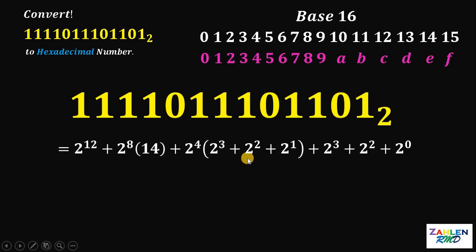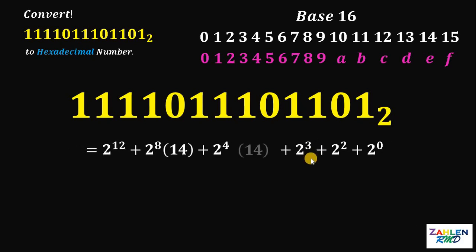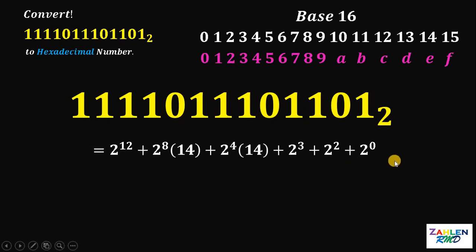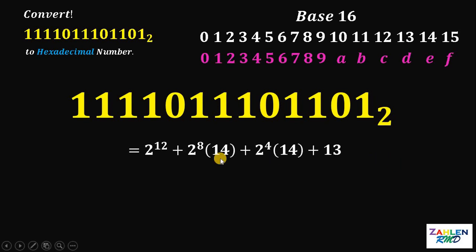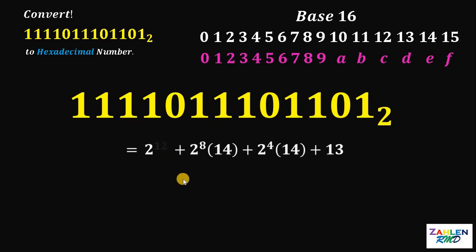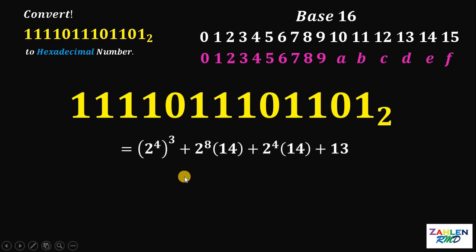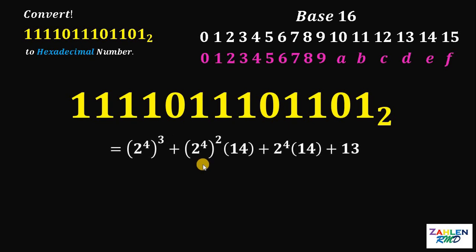This is just 14. 2 cubed plus 2 squared plus 2 raised to 0 is just 13. Now, 2 raised to 12 can be written as 2 raised to the 4th power raised to 3. Now, this 2 raised to 8 can be written as 2 raised to the 4th power raised to 2. And take note, 2 raised to the 4th power is just 16.